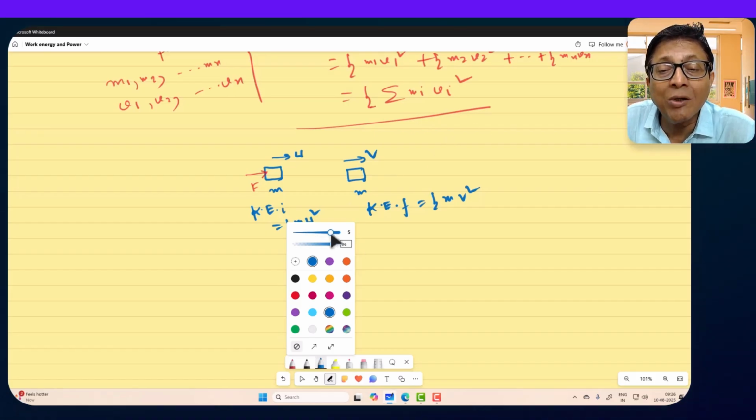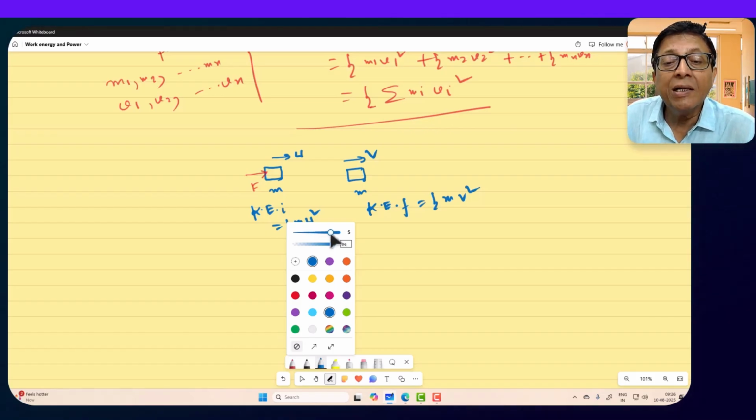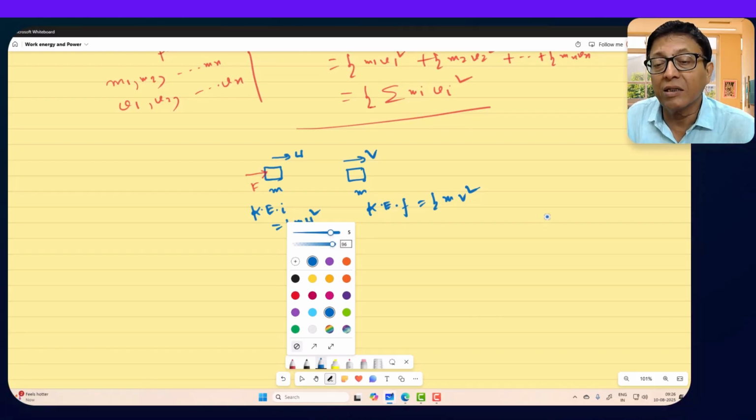See, this is our common experience only, that if we apply the force in a perpendicular direction, the object does not move.